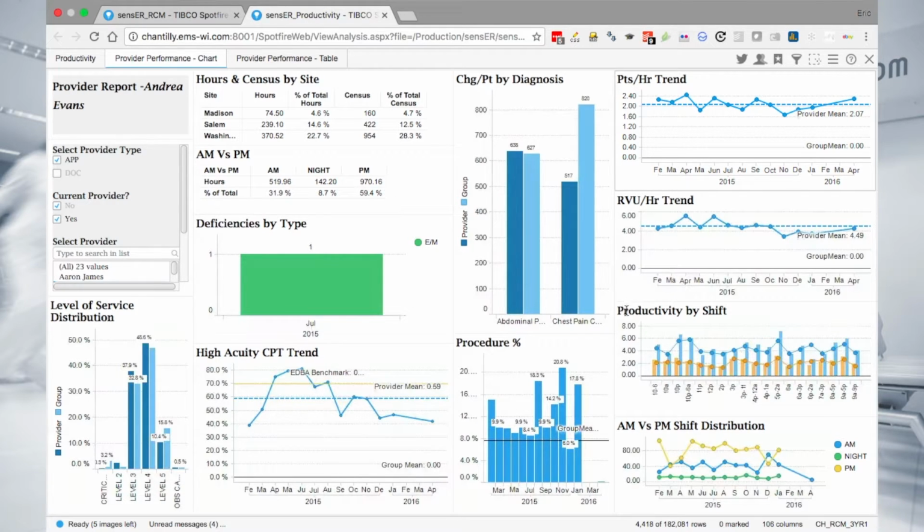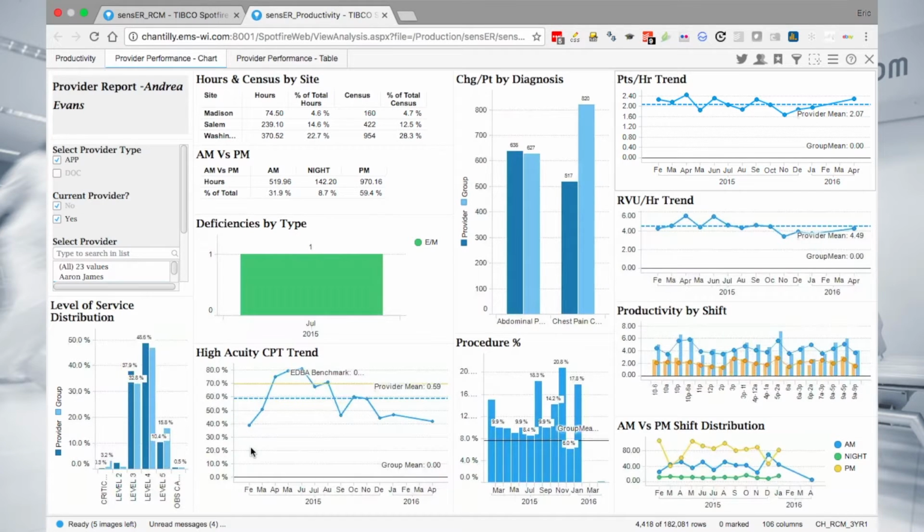Again, reproducing the productivity by shift and the tabular information about time trend performance as far as AM versus PM shift distribution. Here on the bottom, we reproduce the level of service distribution for the provider versus the group.